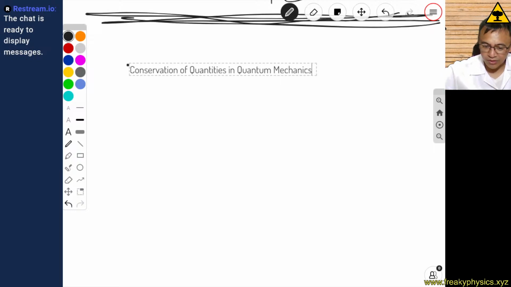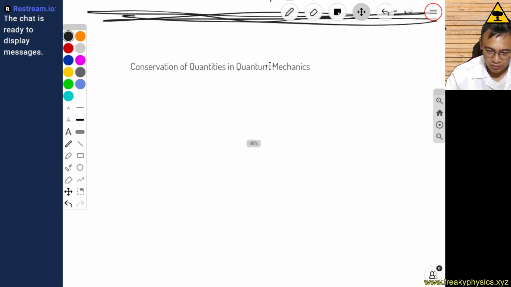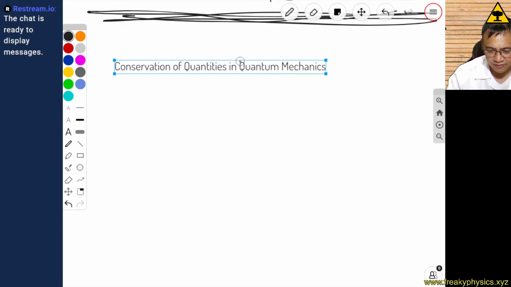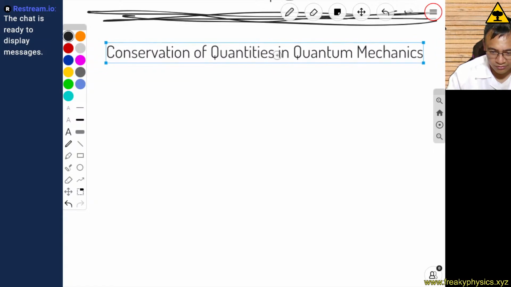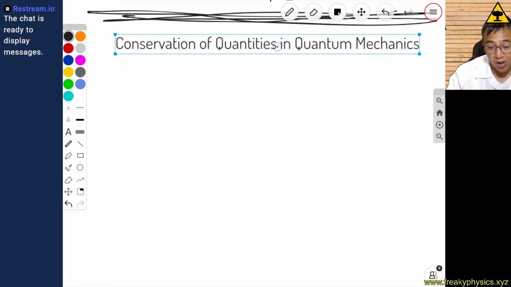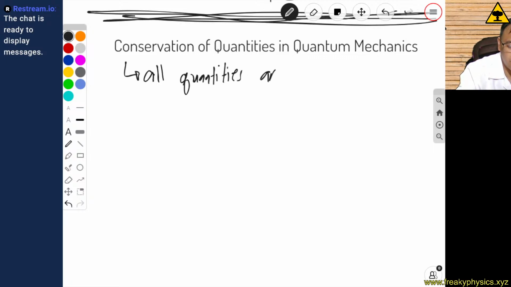Now the one thing I want to go through here before we actually do the problem is how do you know which quantities are conserved? So in quantum mechanics, all quantities are conserved except for one. So just remember that all quantities are conserved.